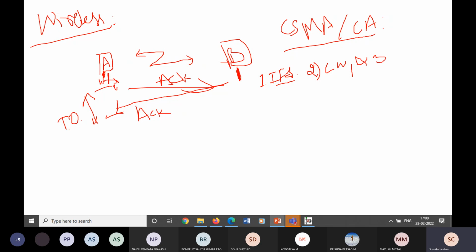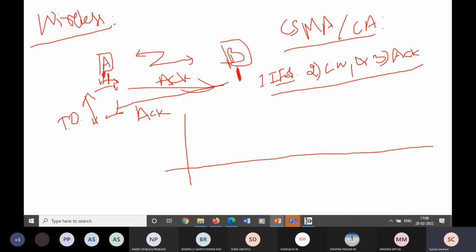And the third one is acknowledgement. So these are the three strategies we'll be using to avoid collisions in the wireless medium. Okay, so let's see one more in terms of the pictorial diagram which we have seen earlier. In the same way, we can think of this also. So we can think this is the time.